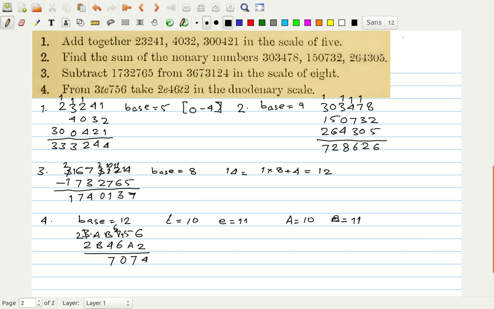This becomes 2 and this becomes 1A, right? So this is 12 plus 10 is 22. 22 minus 11 is 11, so you get B here, and this is 2 minus 2, which is 0, so you get your answer as 0B7074. And we are done.